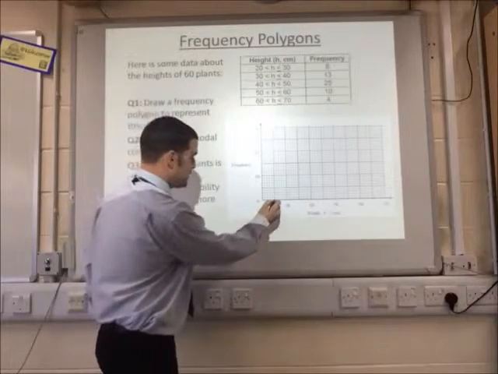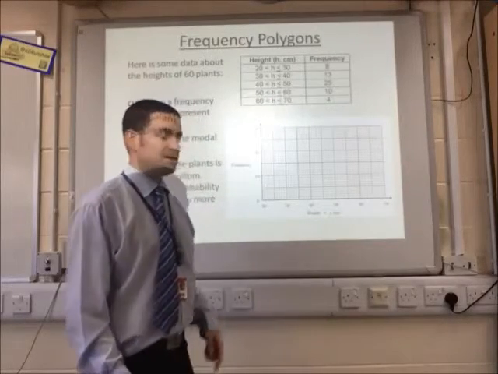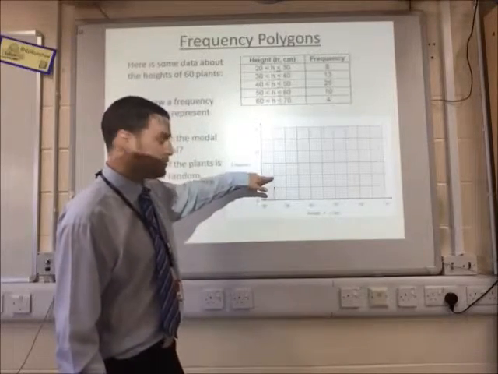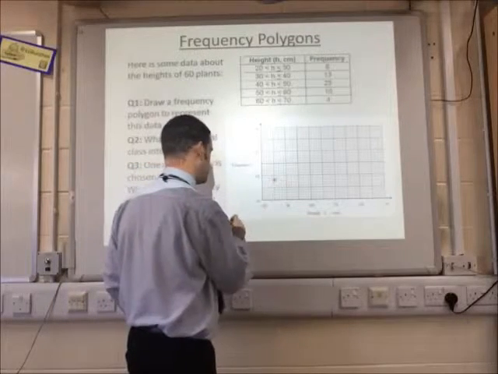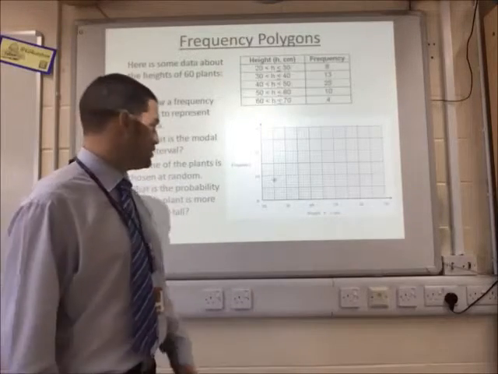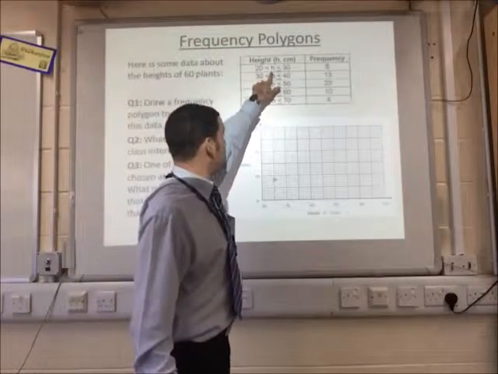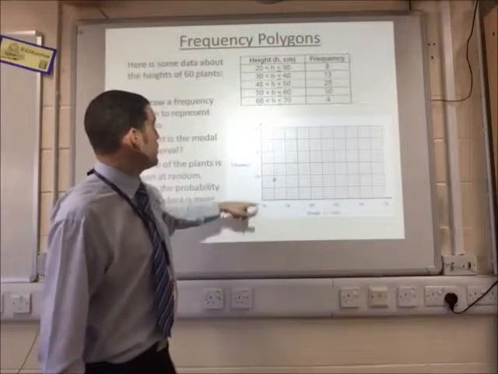So you find 25, then you're looking for a frequency of 8, so I need to count 8 of these little squares up. And you just put yourself a little cross where that point should be. So the midpoint there of 25 and the frequency of 8. Then just the same for all the others.